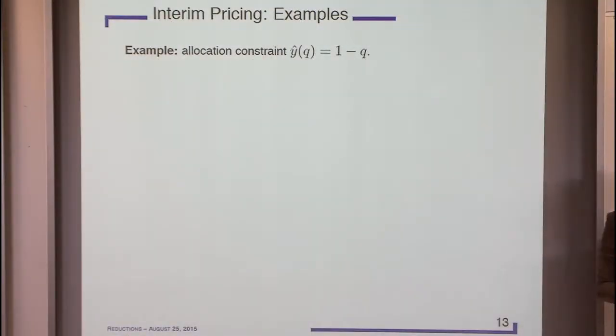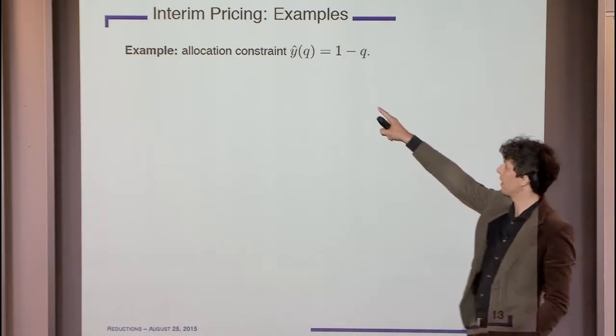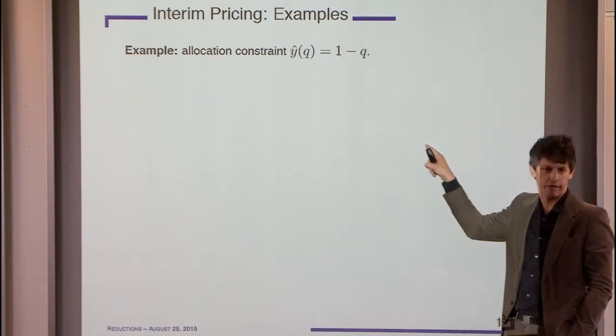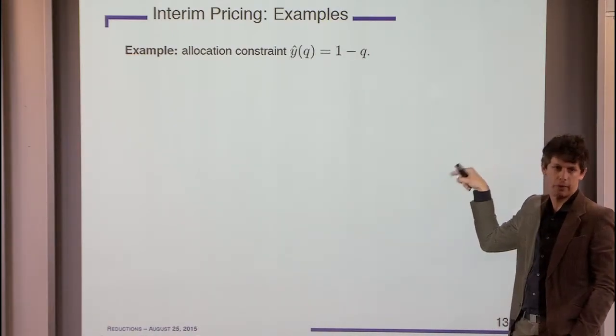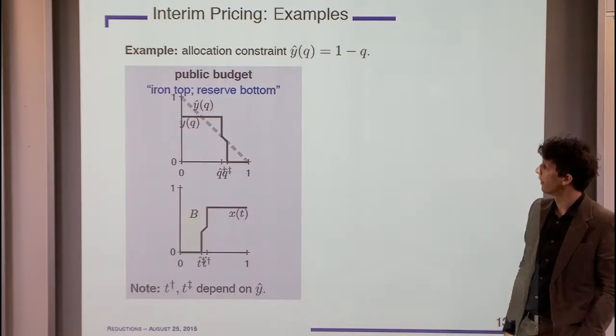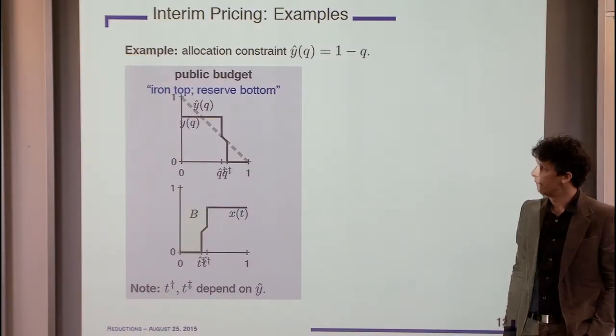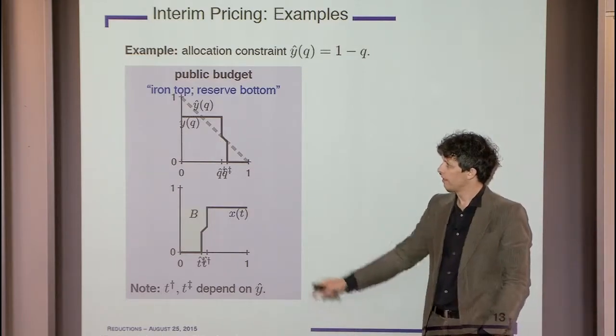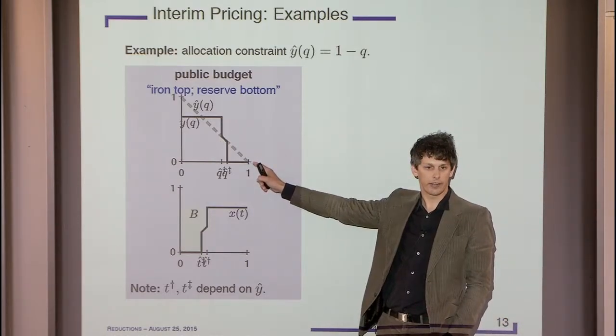Okay, so I want to now look at example interim pricings. And my example is going to be for the allocation constraint y hat, this is the minus 45-degree line. It's the one we were talking about in the previous slide. Okay? So here I've shown the constraint with a dotted line.